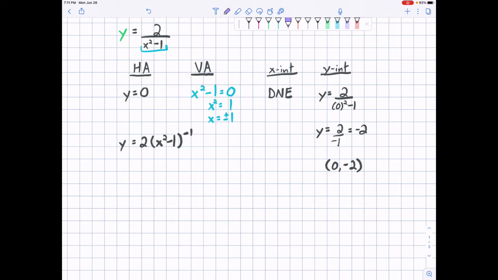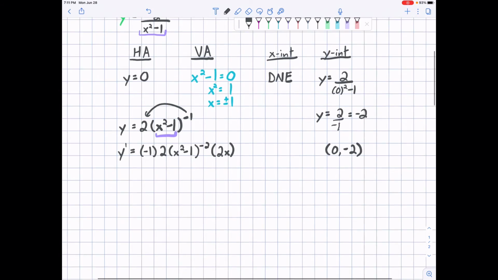I want to be clear that the x squared minus 1 here is the same thing; I've just moved it into the numerator and put a negative exponent on it, allowing me to use the chain rule. So that's minus 1. The exponent always comes down in front. There's the 2. We rewrite the original expression, subtracting 1 from the exponent, and then multiply by the derivative of what's inside, which is just 2x.